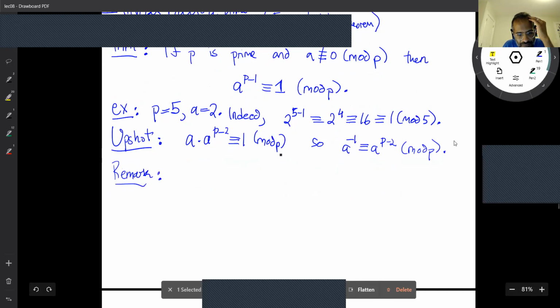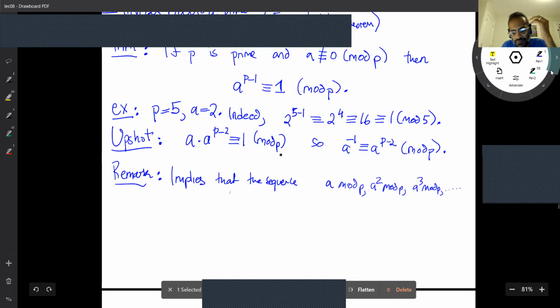The remark is, does this imply that the sequence A squared, A cubed, everything mod P, you take a number and you look at its powers modulo P: A mod P, A squared mod P, A cubed mod P, ... This sequence repeats.